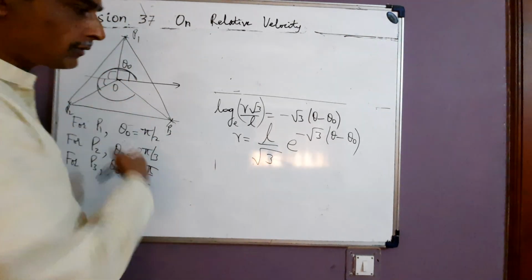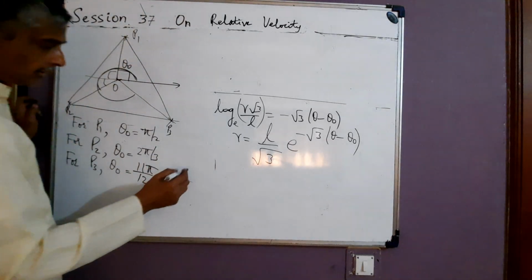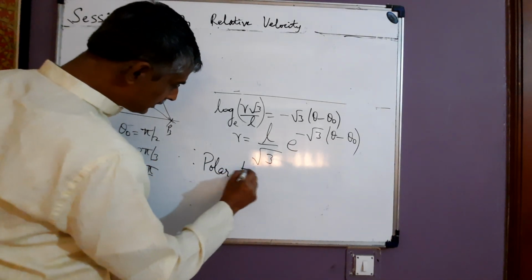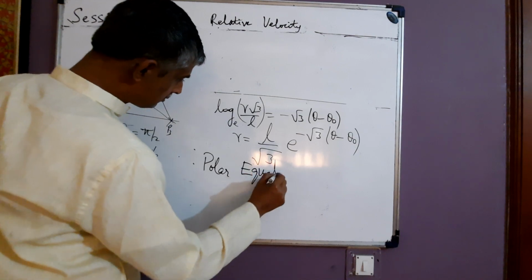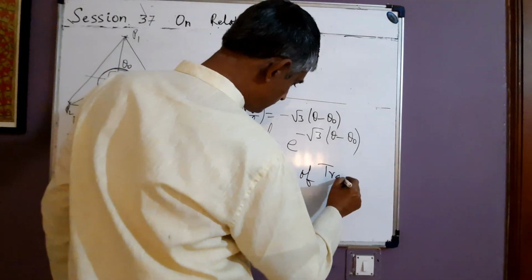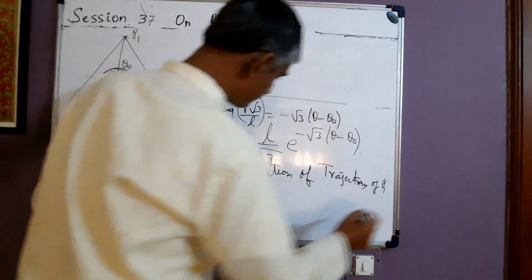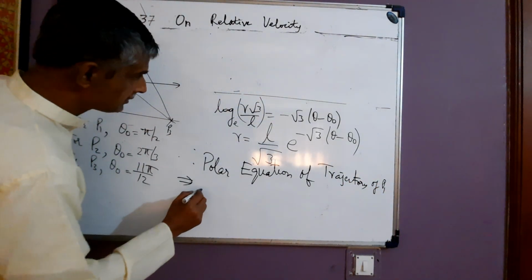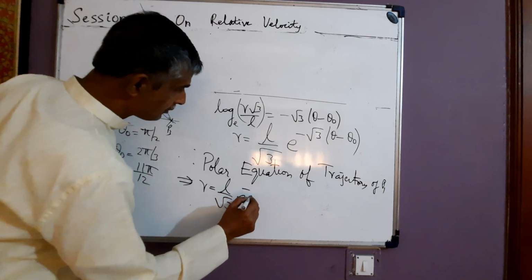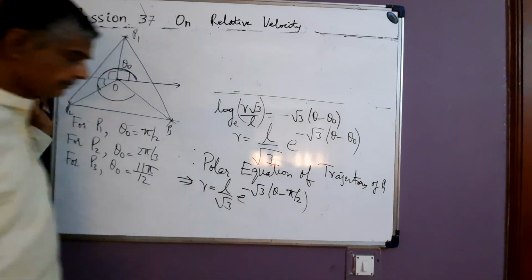R will be common to all 3 of them because they are equidistant from point O at any instant t. Therefore, the polar equation of trajectory of P1 is R equal to L by root 3 e power minus root 3 into theta minus pi by 2.